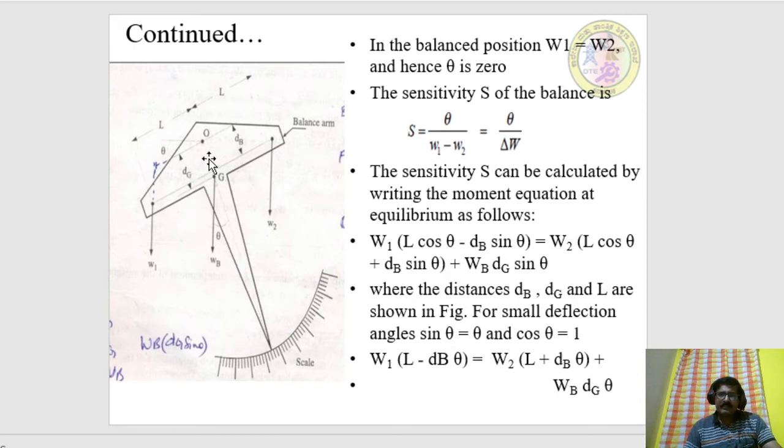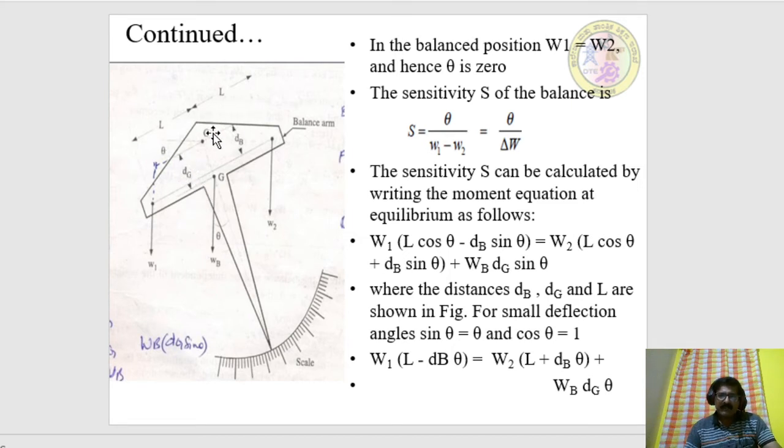So with respect to point O under equilibrium condition, W1 L cos theta minus dB sin theta is equal to W2 L cos theta plus dB sin theta plus WB dg sin theta. The distances dB, dg and L are shown very clearly in the figure.